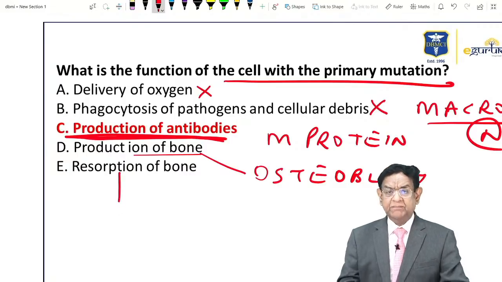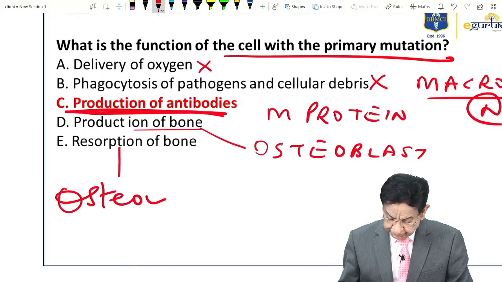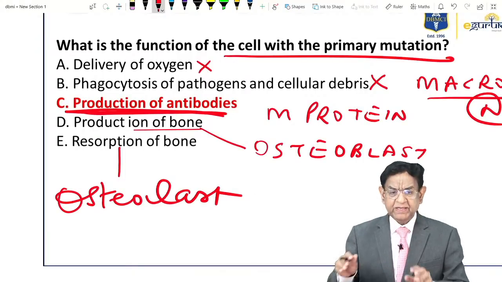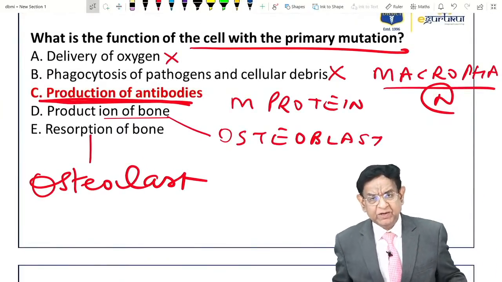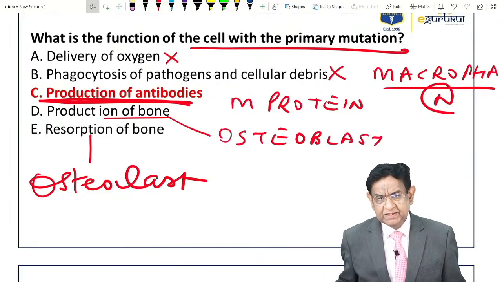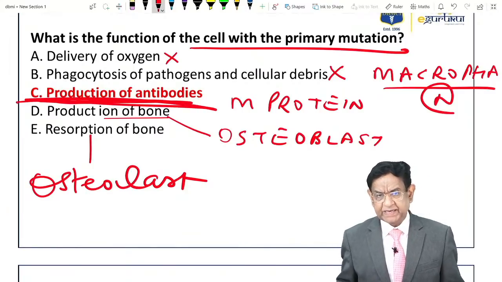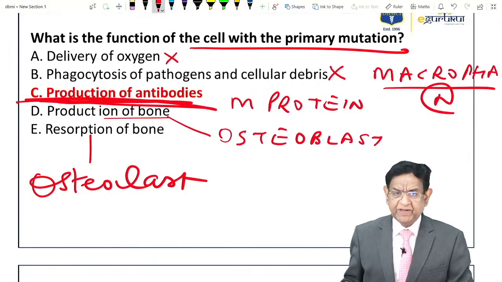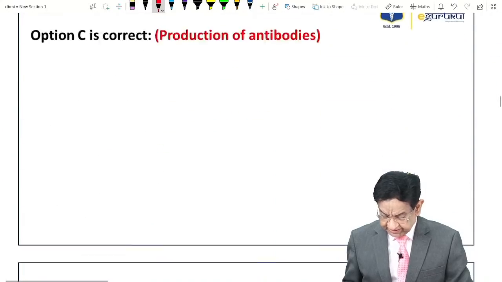Resorption of bone is done by the osteoclast. So even if you don't know the answer, by rule of technique, you rule out other things. Of course we knew that plasma cells produce antibody, but at the same time we have comfortably ruled out all other options. So now we are very sure that the answer is C.